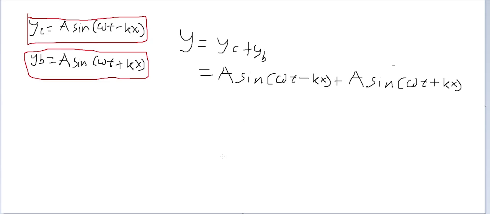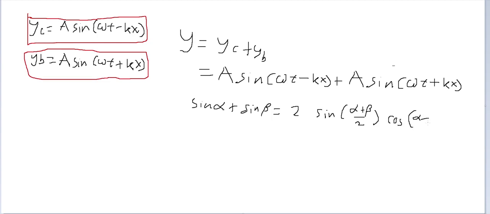This is the same as sin alpha plus sin beta equals 2 sin of alpha plus beta divided by 2, times cos of alpha minus beta divided by 2.